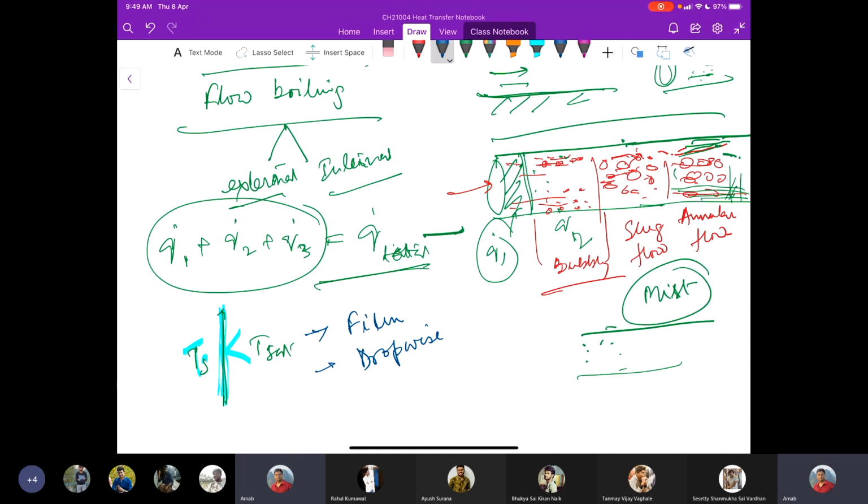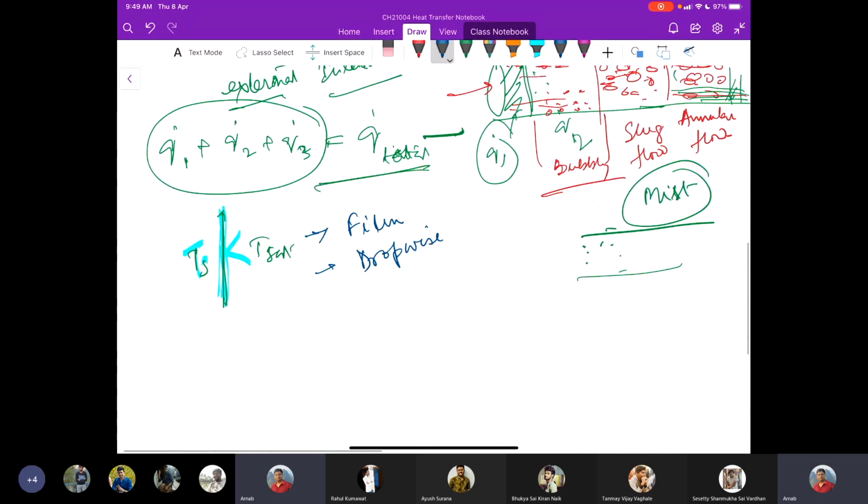In film condensation, what happens? The condensate wets the surface and forms a thin film of liquid.